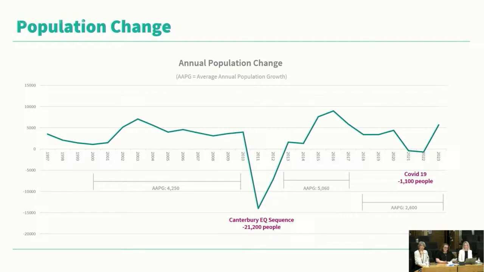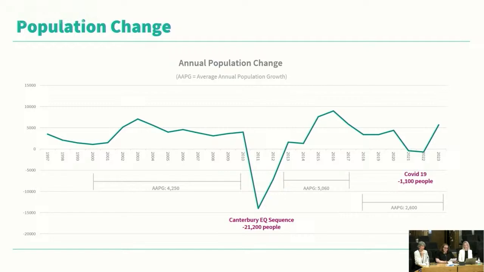Then the 2010 and 11 earthquakes happened, which caused a sudden and rapid decrease in population, driven by a significant downward swing in net migration. And we saw that in terms of people leaving the city, going out to some of the other TAs, or moving to around the city, or moving elsewhere in the country.